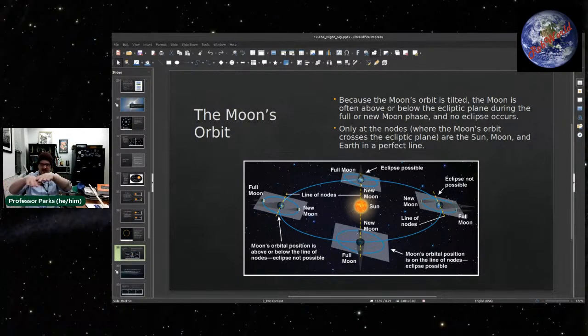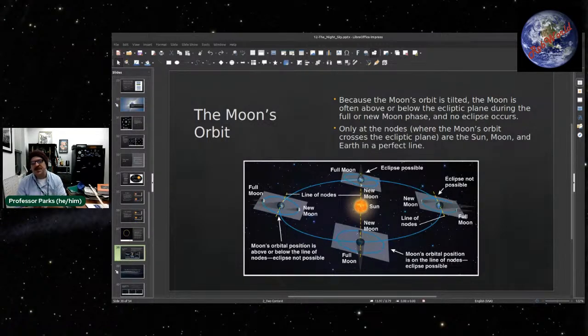So again, you have the plane of the ecliptic, and you have the plane of the Earth and Moon orbit. That Earth and Moon orbit is going to intersect that plane. When those two planes intersect, that point is what we call the line of nodes.